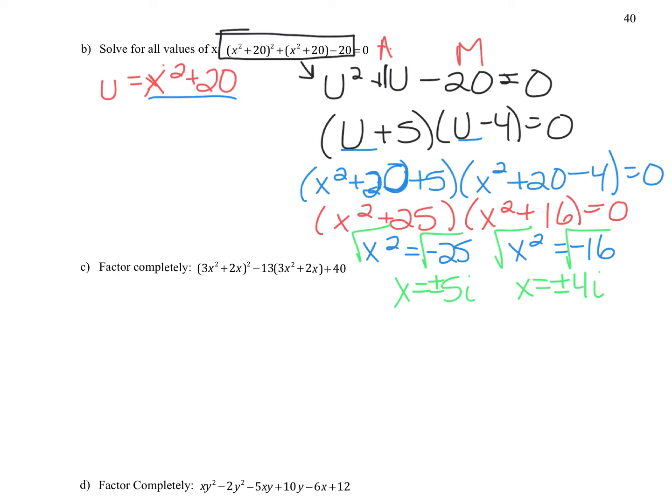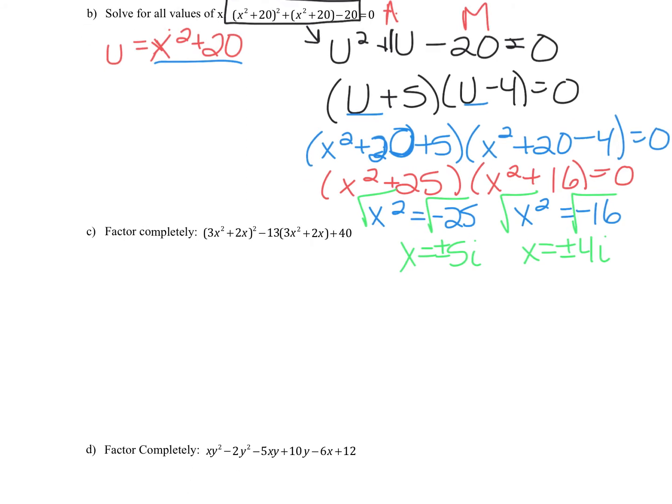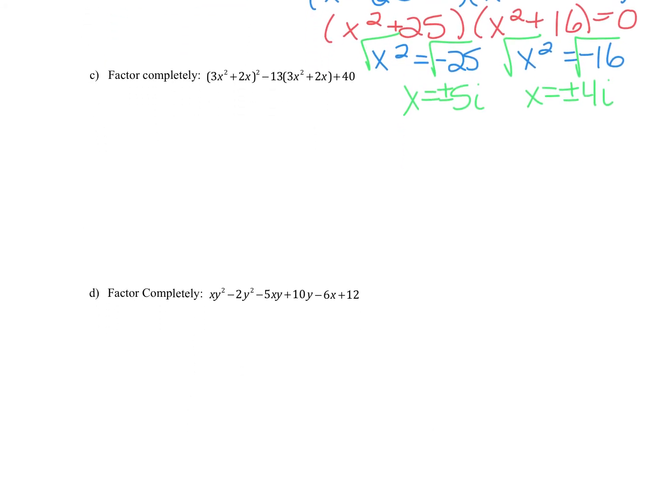The next one is u substitution again, but for this one I don't have an equation, so I'm just going to go down to factors. So this time my u is 3x squared plus 2x. So we have u squared minus 13u plus 40.